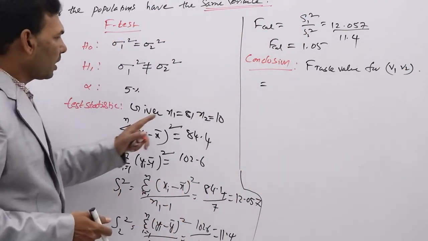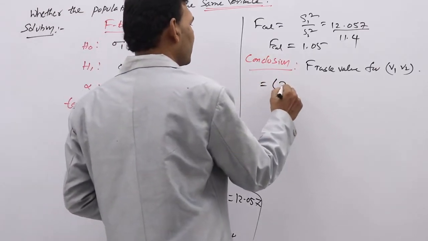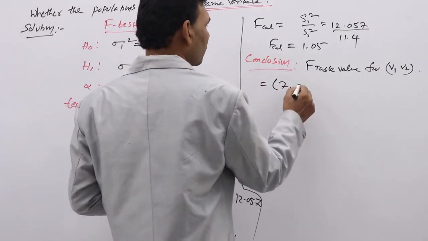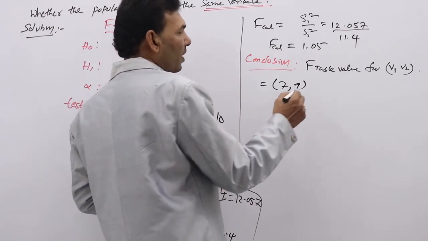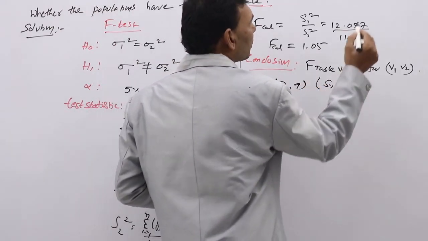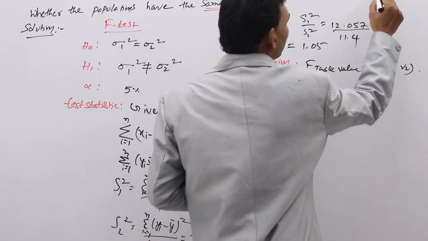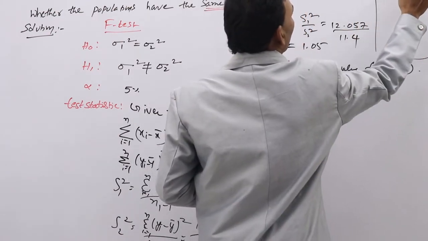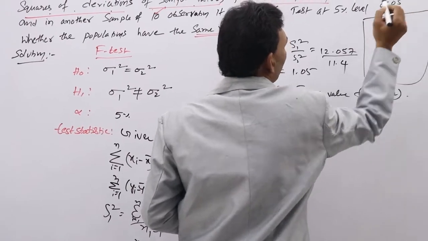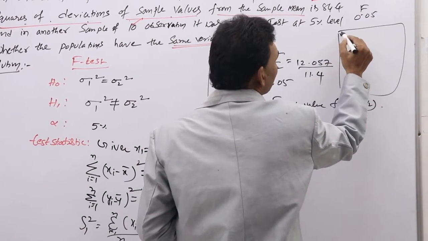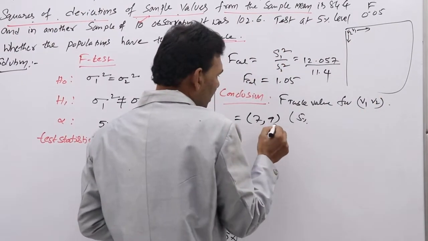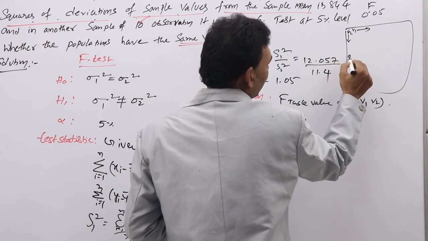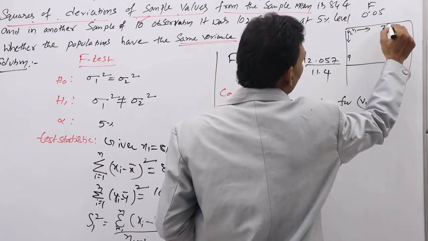N1 is 8, minus 1 is 7; N2 is 10, minus 1 is 9. So 7, 9 degrees of freedom, 5% table. In the F table for 0.05, you will have V2 values here, V1 values here.